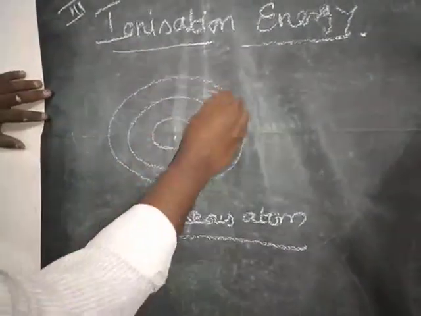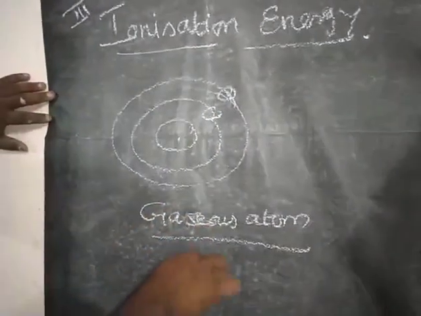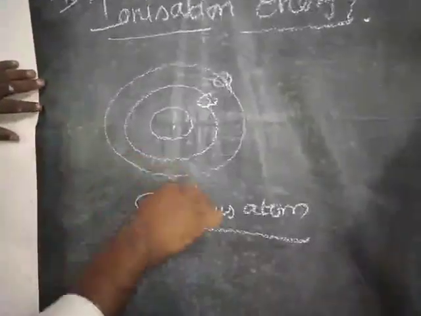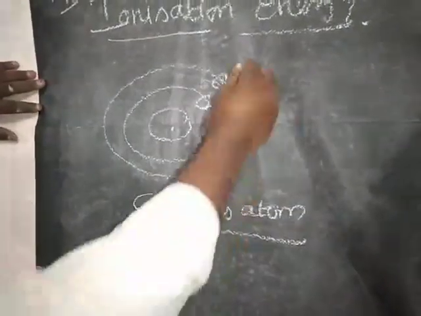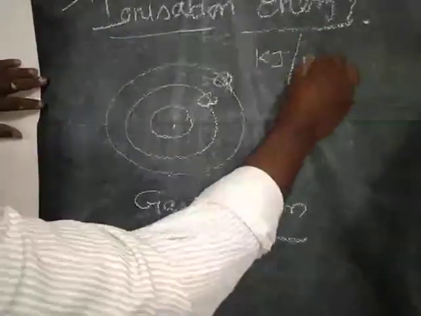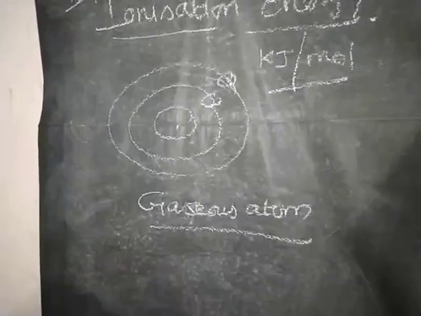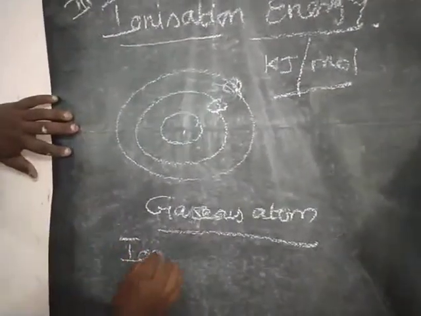We have to remove the electron in the ground state, not in the excited state. The amount of energy we have to give is called ionization energy. The unit used to measure ionization energy is kilojoule per mole. Ionization energy is otherwise known as ionization enthalpy.